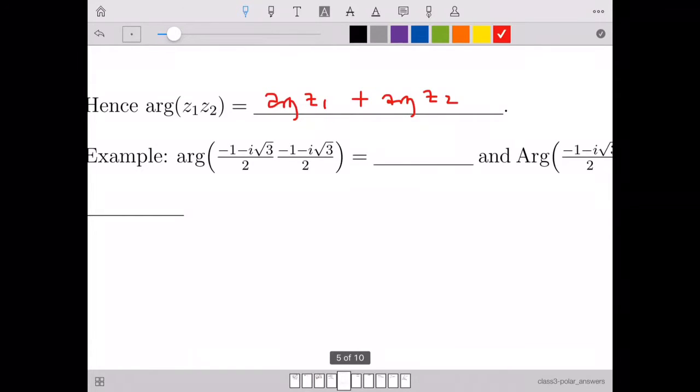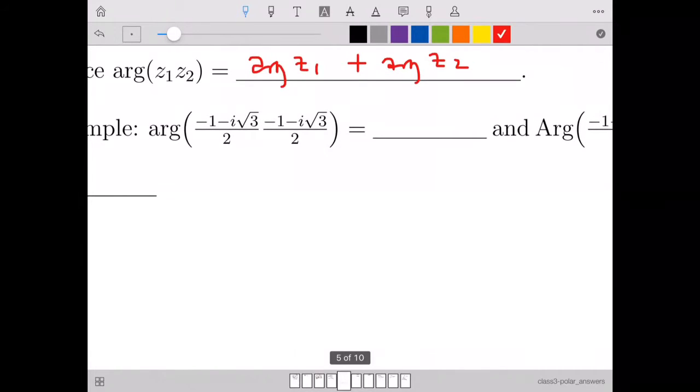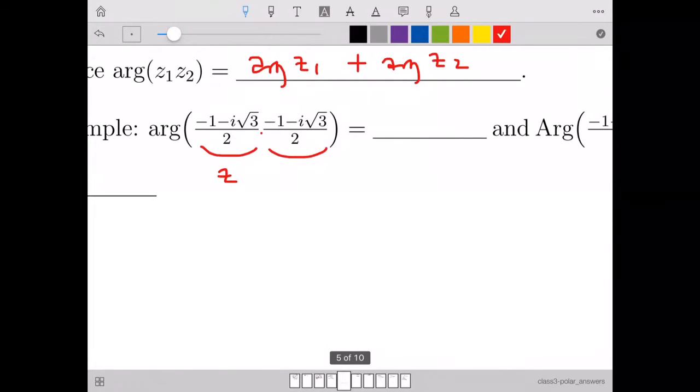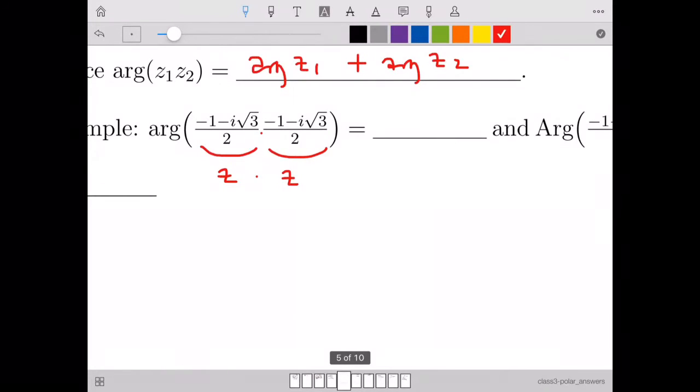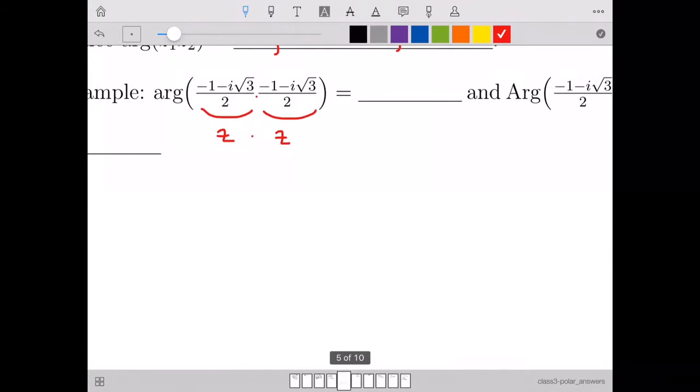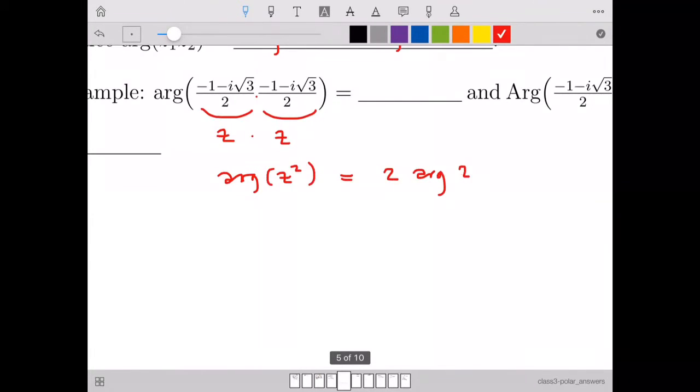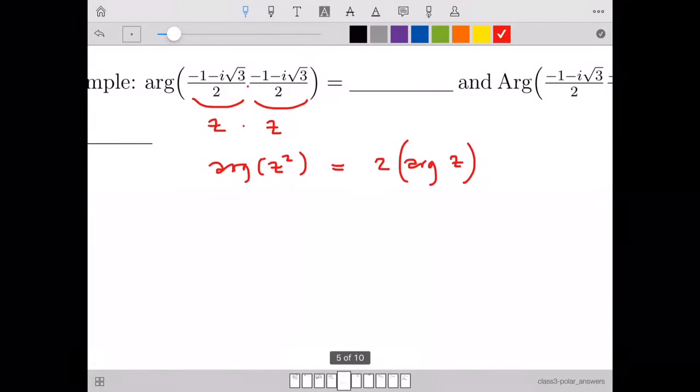So for example, if I call that Z is a product, right? So it's Z times Z. So it is asking what is arg of Z squared. That's what it is asking. Then by what we did above, it will be 2 times arg of Z. So let's find what arg of Z is.